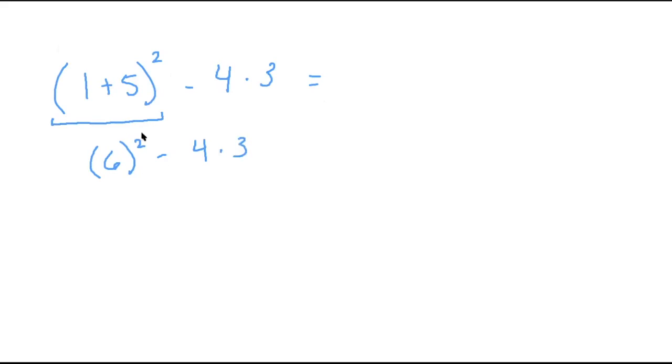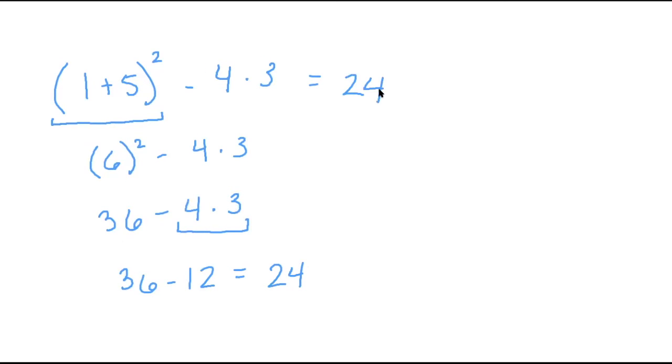Then we want to do the exponent. That's going to be 36 minus 4 times 3. Now you can see that we want to do multiplication. Just following those rules from before, 36 minus 12 gives your final answer of 24. So this at the beginning is 24.